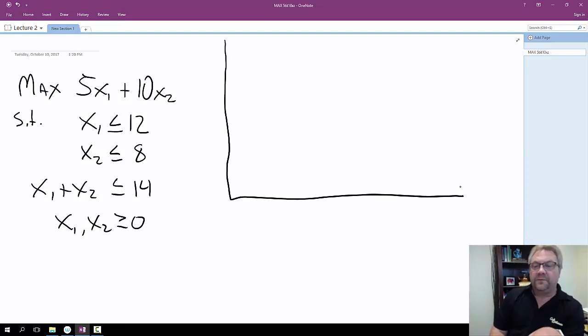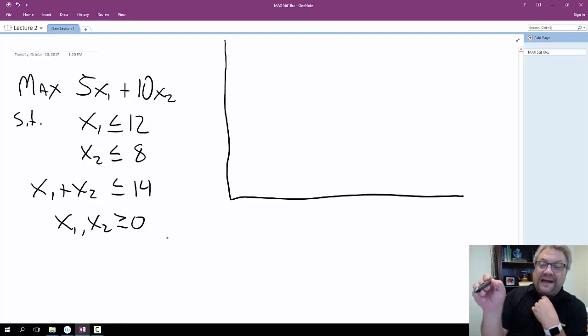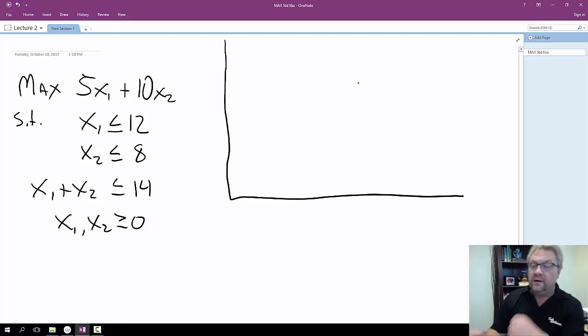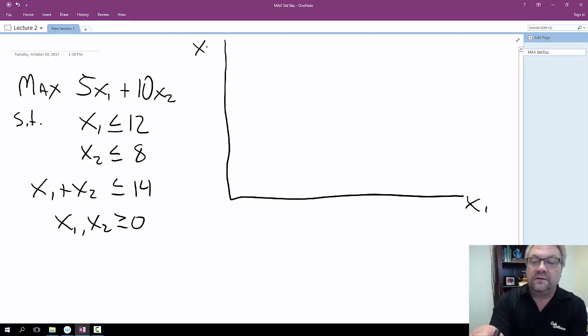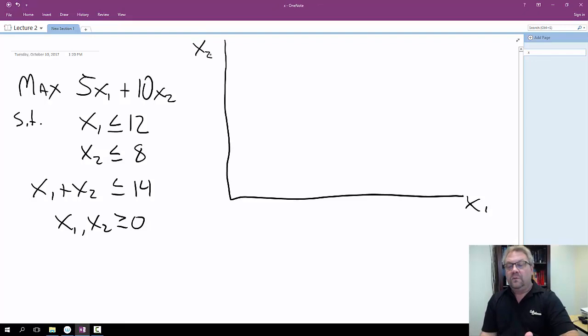The first thing is, x1, x2 greater than or equal to 0 confines us to this quadrant of our Cartesian plane. So here is x1, and here, of course, is x2. And notice we have to have 0 or positive quantities of x2 and x1.